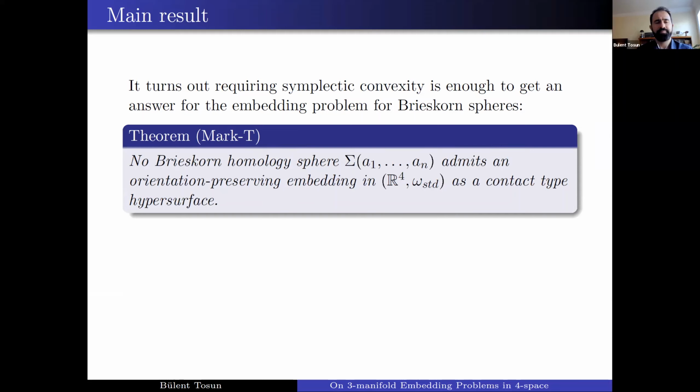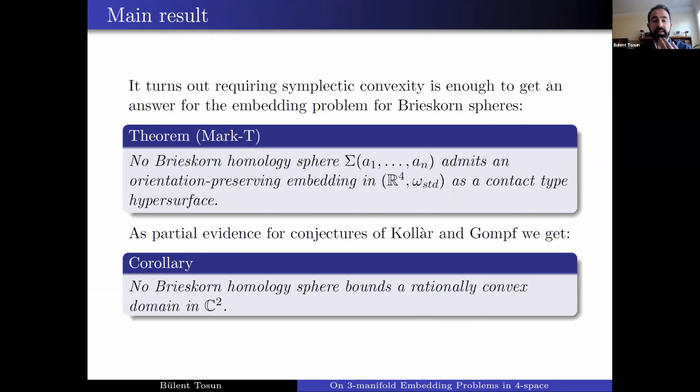And as a corollary, as partial evidence for both the Kollár conjectures and the Gompf conjecture, we get that no Brieskorn homology sphere bounds a rationally convex domain in C2. So these are the results. If you remember, for the smooth question, the situation was really complicated.